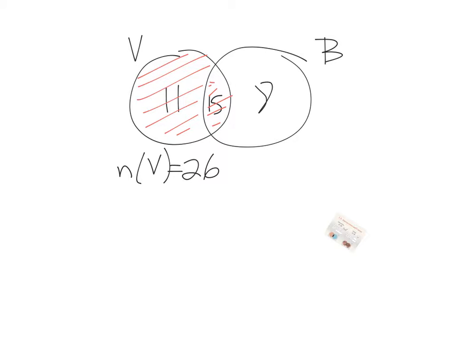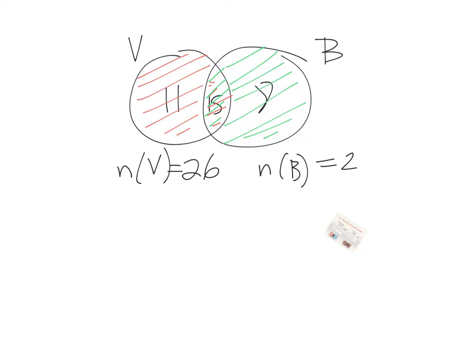And if I said N of B, same thing, if I did it here, it would be those 15 plus the 8, so it'd be 23. So that's how many people we have. Now, if I wanted to ask some questions, I could ask, what's N of V intersect B?